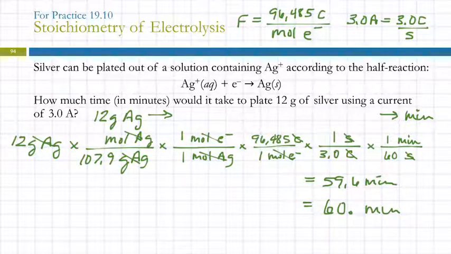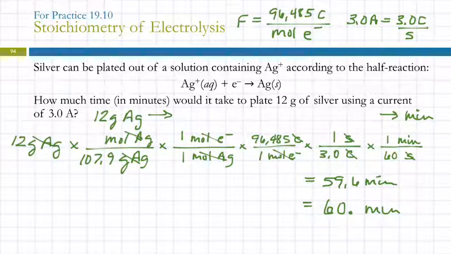Any questions? So then the Faraday constant is, well, actually back up. A coulomb is a measure of charge. An amp is current, which is the rate of charge moving, so it's charge per unit time.